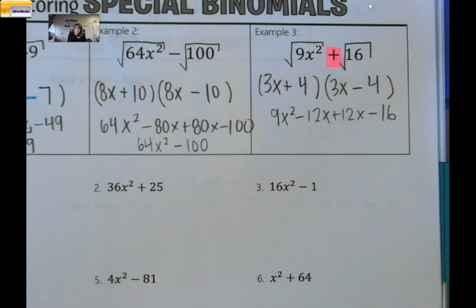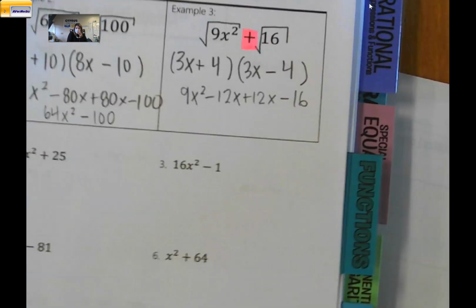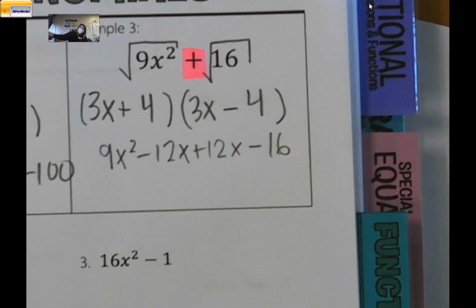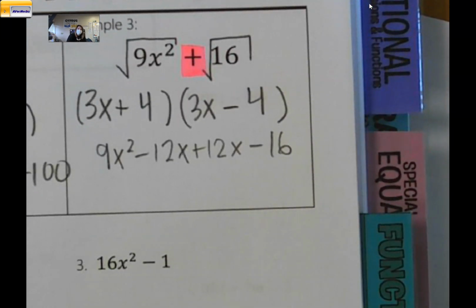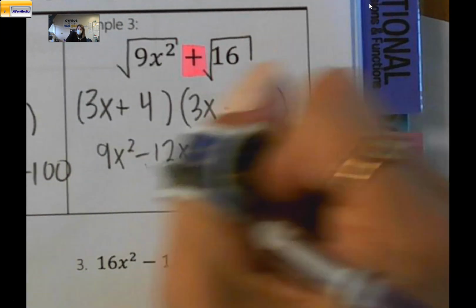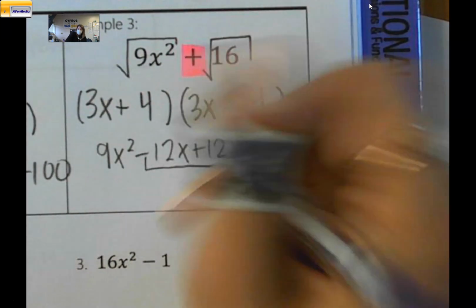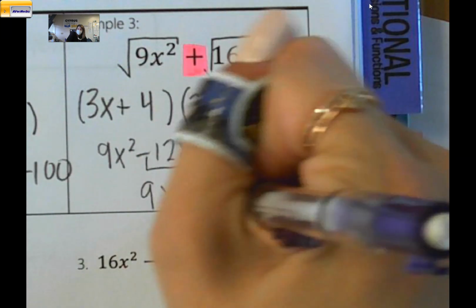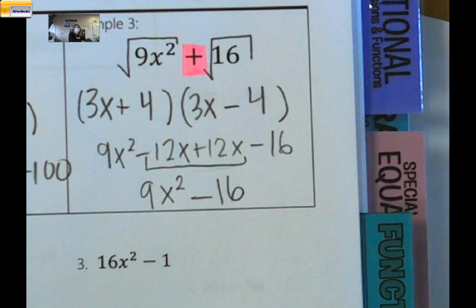And I want you guys to tell me if you can see the issue. Can any of you guys see what is wrong with what I have? So I cancel out these two middle terms, right? And I end up getting 9x squared minus 16.